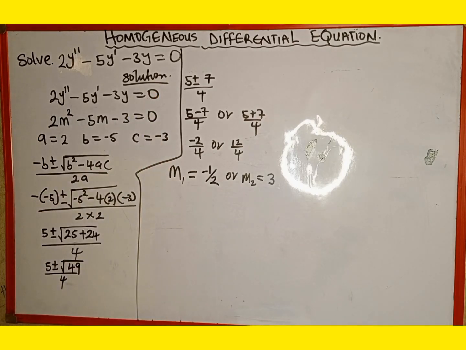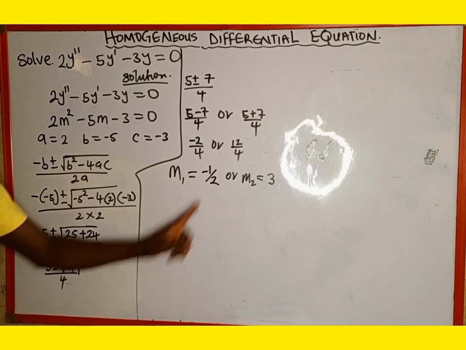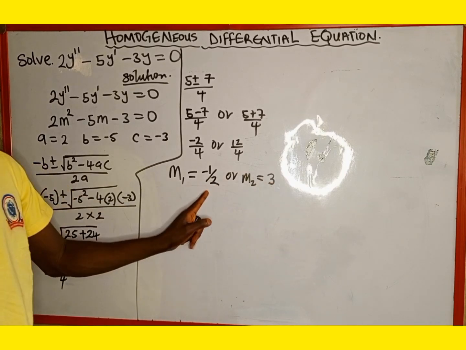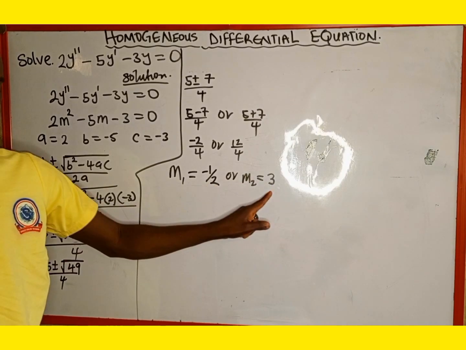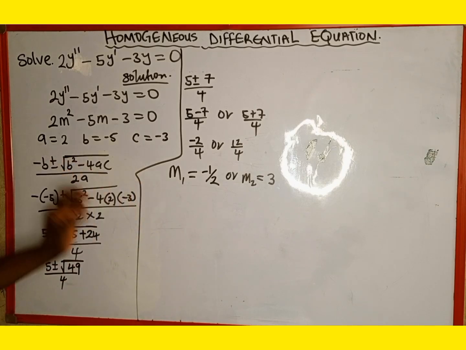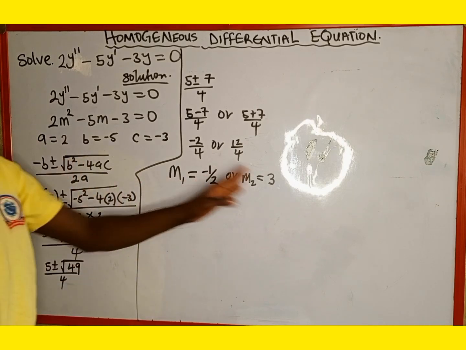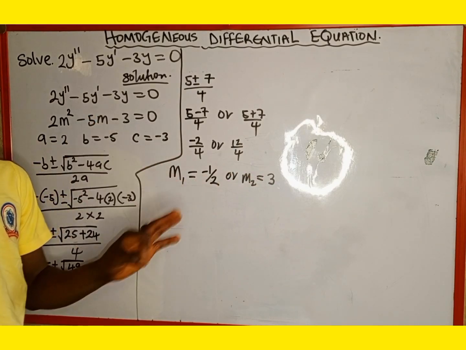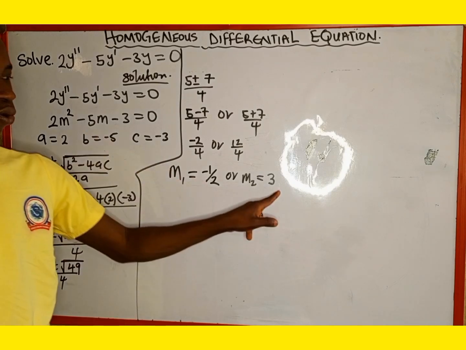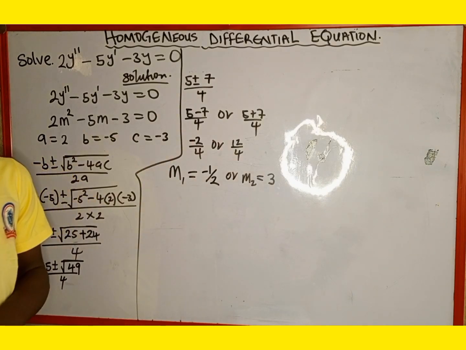Now we are going to recall the general form of the general solution of a homogeneous differential equation. If you notice that these roots are unequal, they are not equal, they are called distinct real roots. When you have equal roots, the general solution is going to be different.